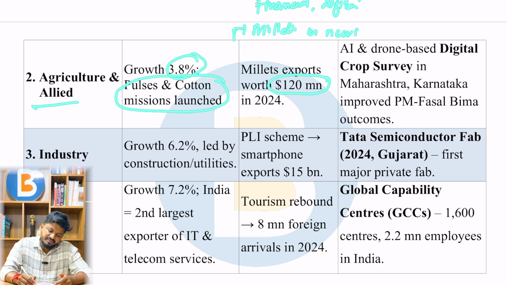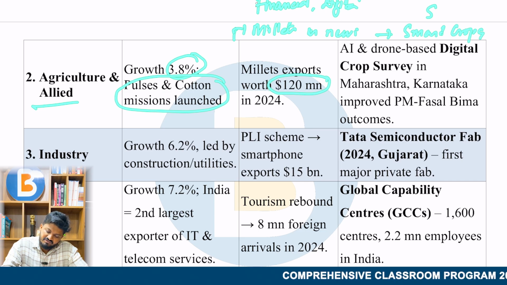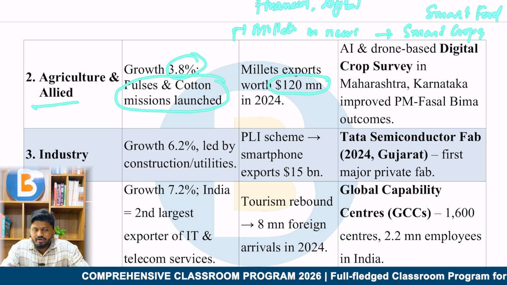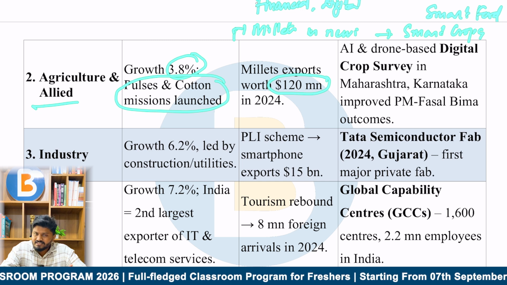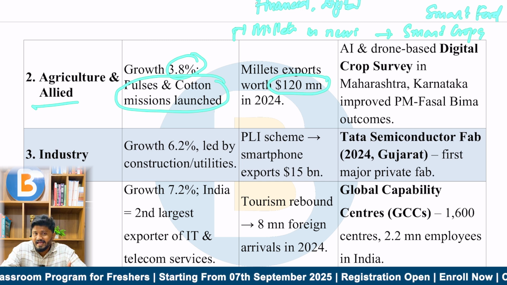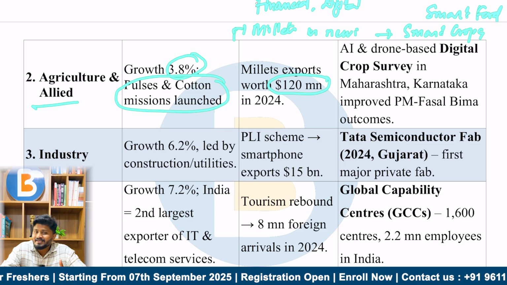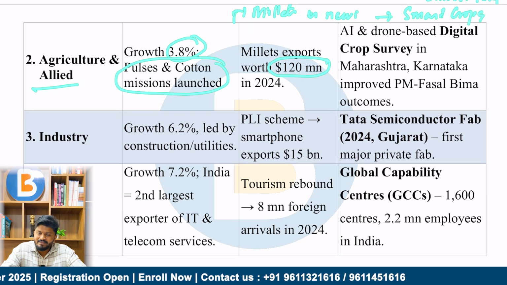Millets are being considered as an alternative smart crop as well as smart food, considering their drought resistance, low glycemic index and more nutritional value. So that is why millets are in the news. So I have given a data related to millets.